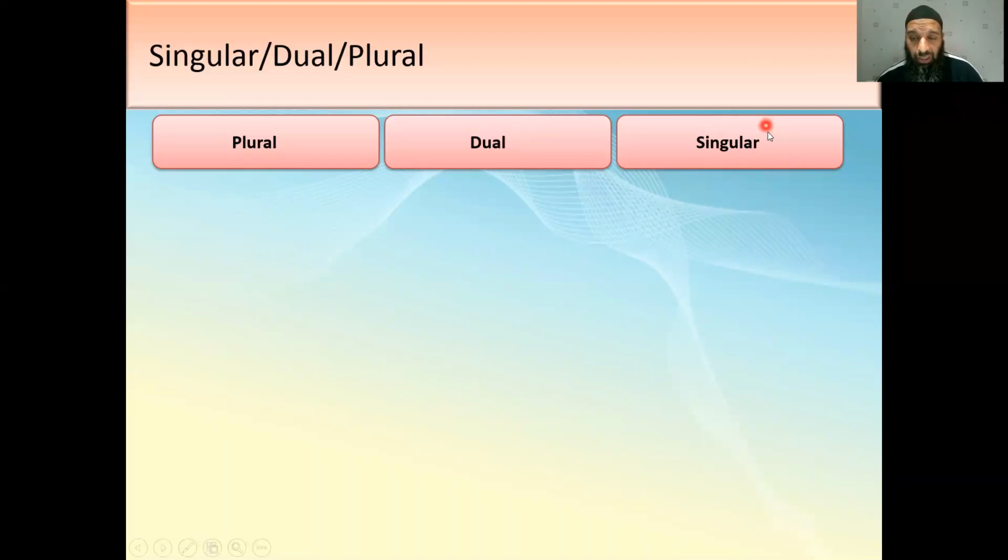So we have a singular word, a word for dual, two, and then the plural is three or more. Everybody happy with that? So in Arabic, we have a word for singular, a separate word for dual, which is two, and a separate word for plural, which is three or more. It makes the language much more powerful.